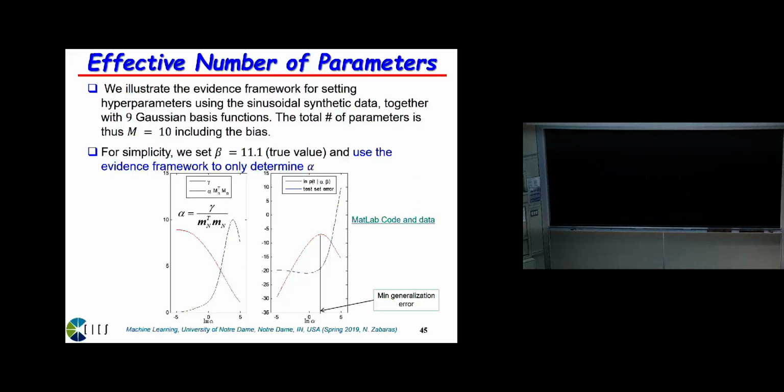And not surprisingly, it comes out very close to the minimum generalization error. So if you take a test data set and test the model for different values of alpha, the value you get by maximizing the marginal likelihood is about the same as the one after which the generalization error explodes.